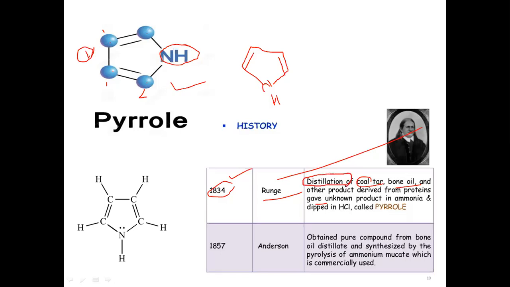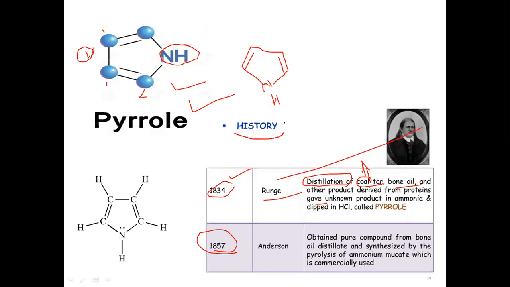Distillation means it was separated from the coal tar as a pyrrole molecule. Then in 1857, Anderson obtained pure compound from bone oil distillate and synthesized it by the pyrolysis of ammonium mucate, which is commercially used.